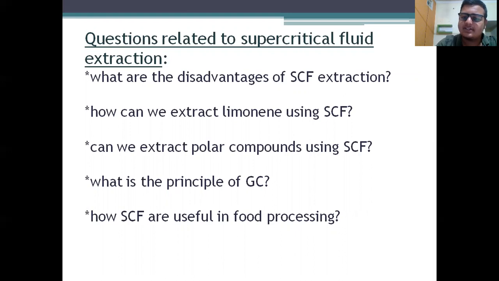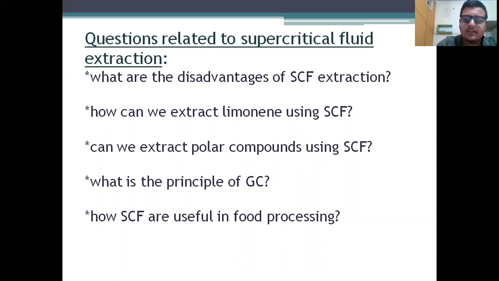The carbon dioxide at its supercritical temperature and pressure dissolves the limonene content from the orange peels and can be extracted after the separation from the material used.